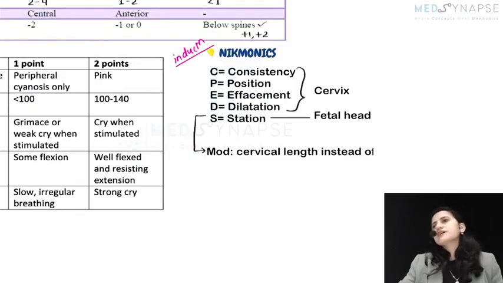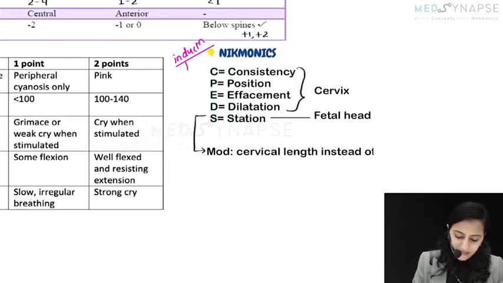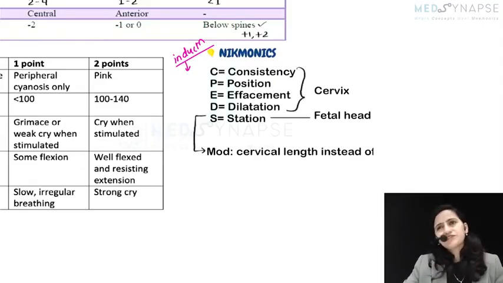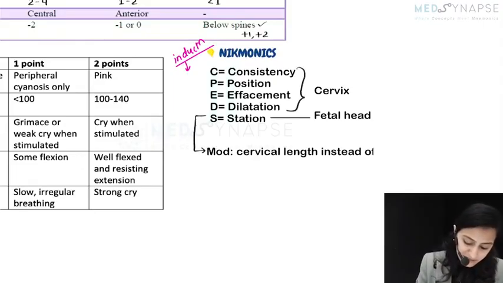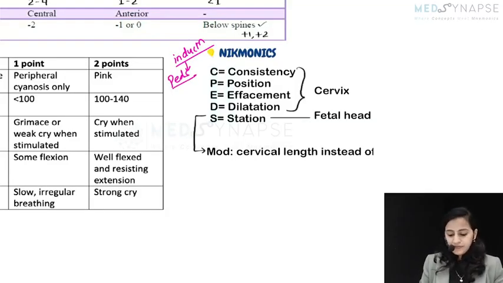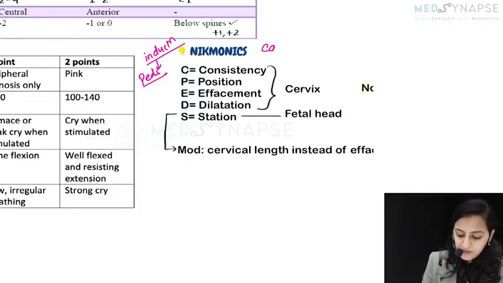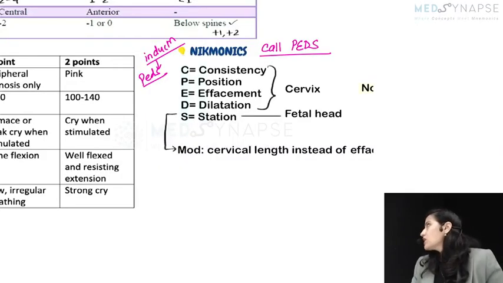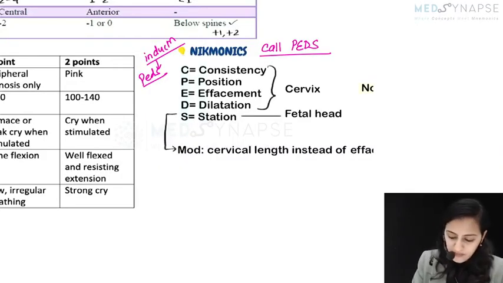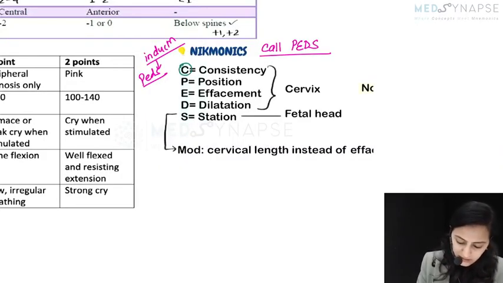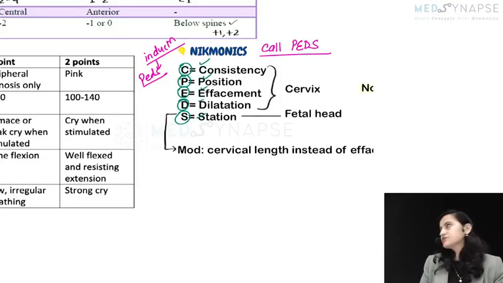Remember, Bishop score is for induction. मतलब डिलीवरी के टाइम पे whenever डिलीवरी होने वाली है तो हम किसको बुलाते हैं? गायनेकोलॉजिस्ट, ऑब्स्टेट्रिशियन तो है ही, बट साथ में किसको बुलाना पड़ता है? पीडियाट्रिशियन को. नियोनेटोलॉजिस्ट, पीडियाट्रिशियन. So remember the mnemonic for the Bishop score is call peds. So the components of Bishop score are consistency, position, effacement, dilatation, station.